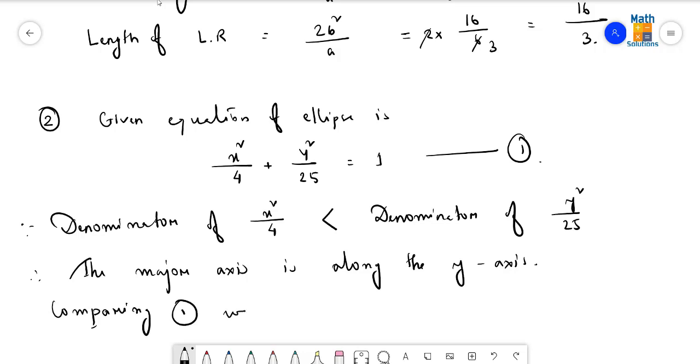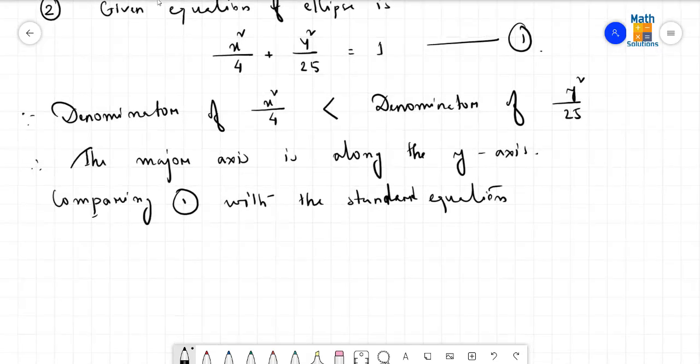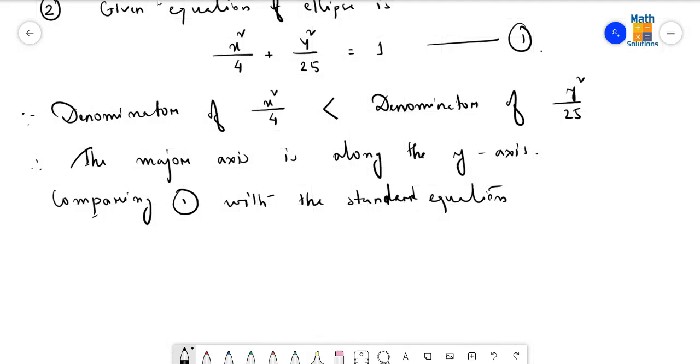Comparing 1 with the standard equation. What is the standard equation here? x square by b square plus y square by a square equals to 1.